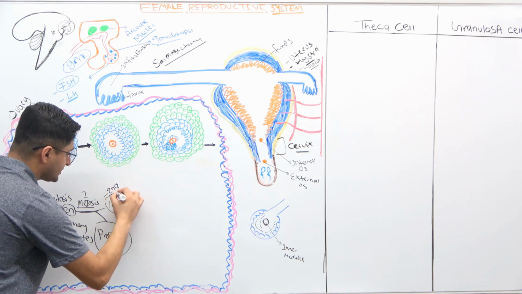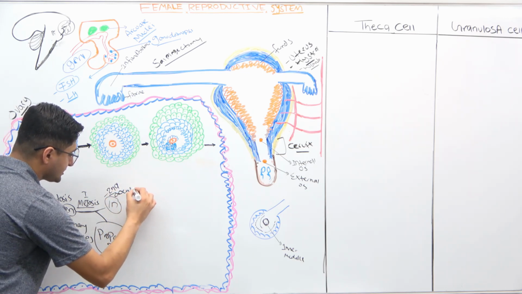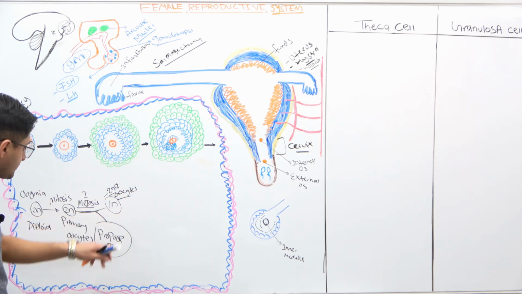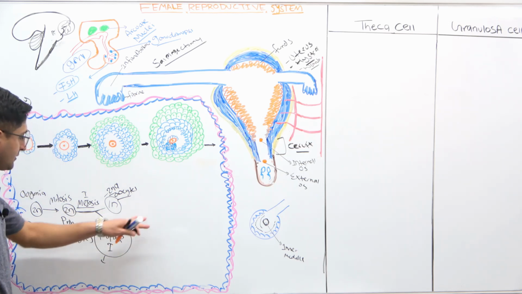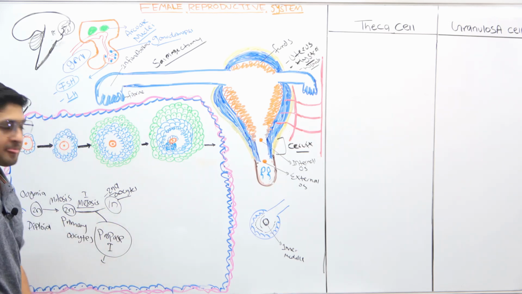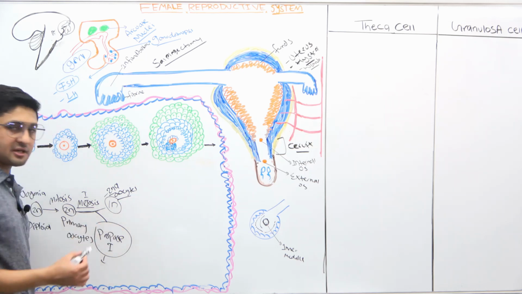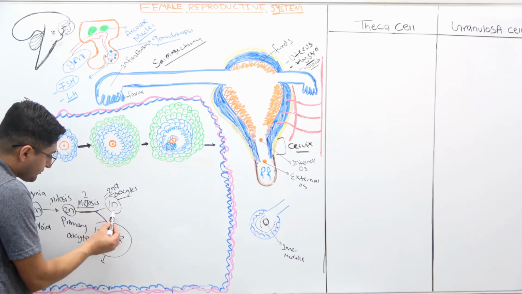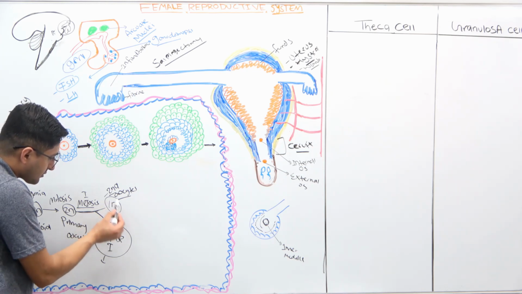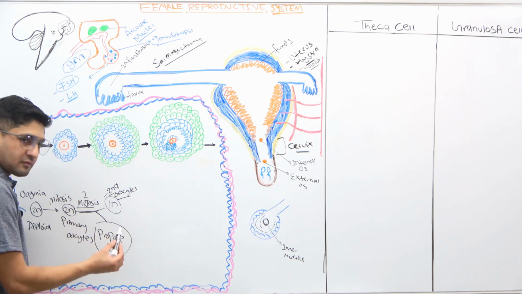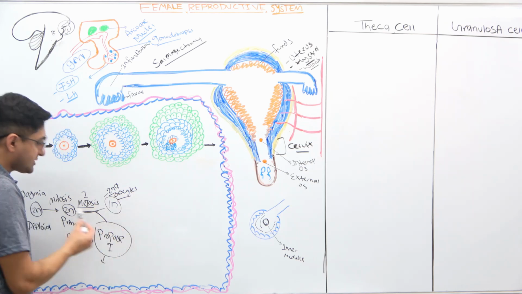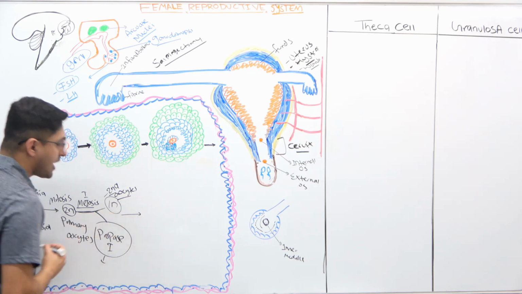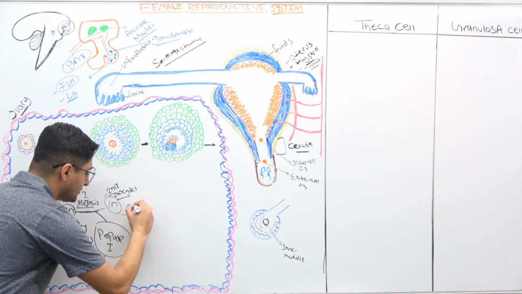But remember, the primary oocyte gets completed when the female hits puberty. So let's say the female is 13 or 14 years old. When she hits that period, she ovulates, obviously, and then she completes this cycle. After that, she continues with another process, which is meiosis 2.